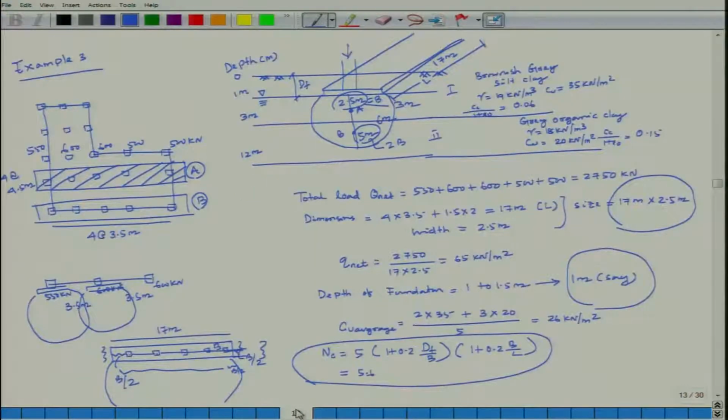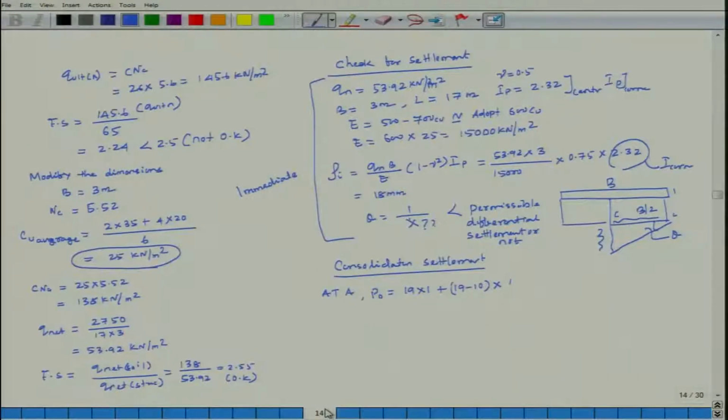Why into 1? It is at the middle, this is 2 meter, that means from here to here this will be 1 meter. Now, it comes out to be 28 kilonewton per meter square.